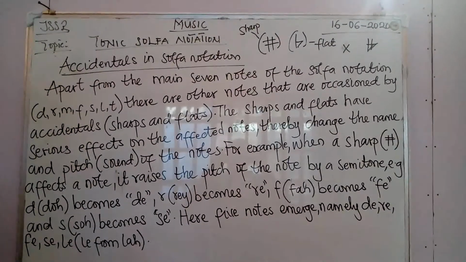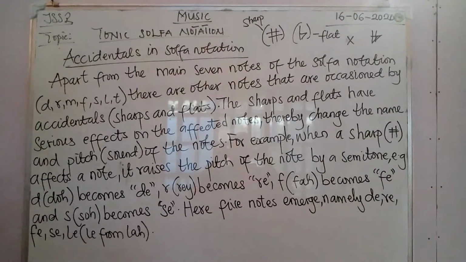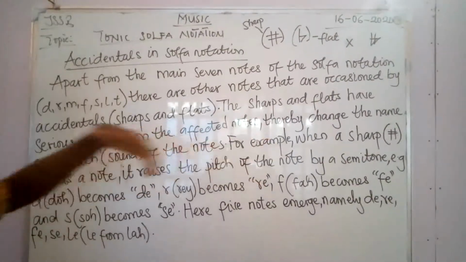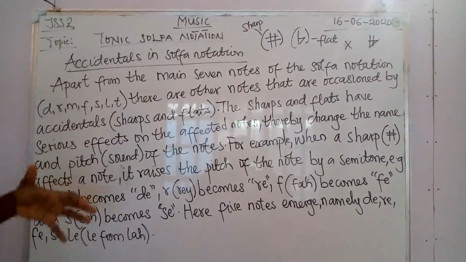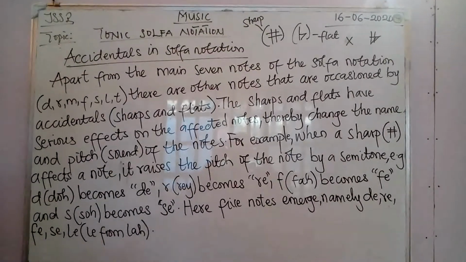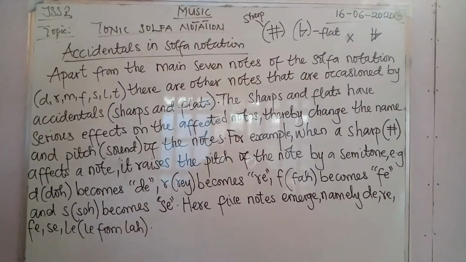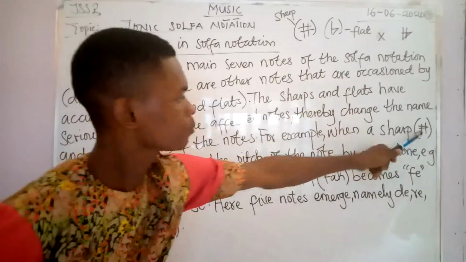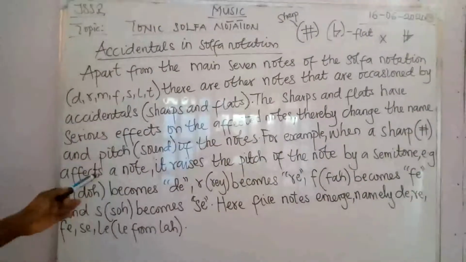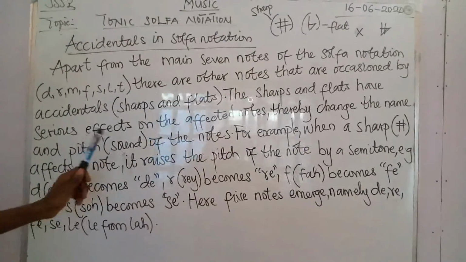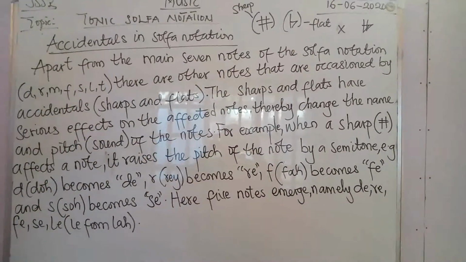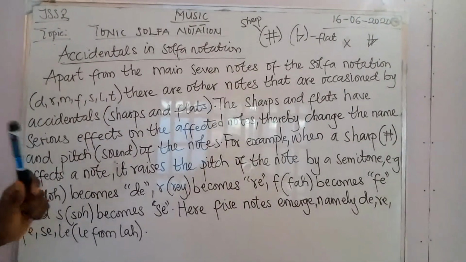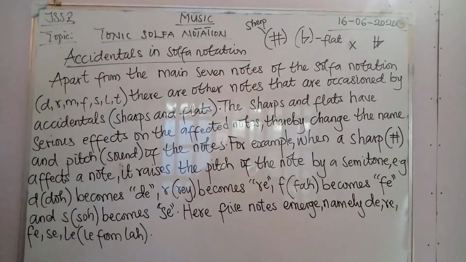They thereby change the name and pitch, that's the sound of the notes. For example, when a sharp affects a note, it raises the pitch of the note by a semitone.